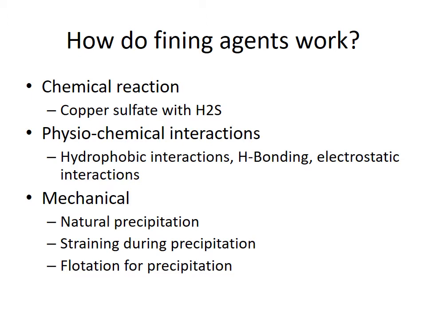So how do fining agents work? The idea is that we're going to throw something in the wine that's going to grab some other compound and precipitate it to the bottom of the tank. We're going to take something that's bad in the wine or something we find objectionable, add something to the wine to grab that, and then it's going to settle to the bottom of the tank. So maybe we have some that are a chemical reaction, like copper sulfate with hydrogen sulfide. Then there are physiochemical reactions that happen: hydrophobic interactions, hydrogen bonding, electrostatic reactions.